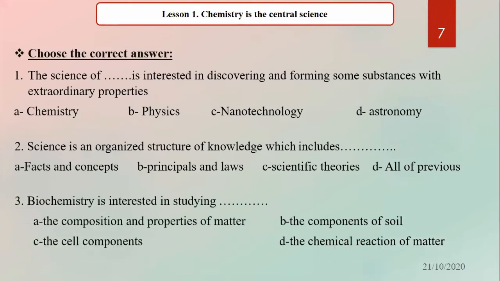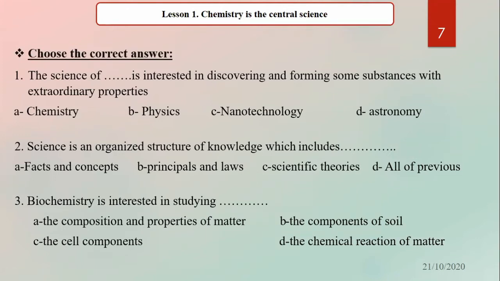The third one, biochemistry. Biochemistry is the sub-science which is integrated due to the community between biology and chemistry. It is interested in studying the composition and properties of matter, or the components of soil, or the cell components, or the chemical reaction of matter.